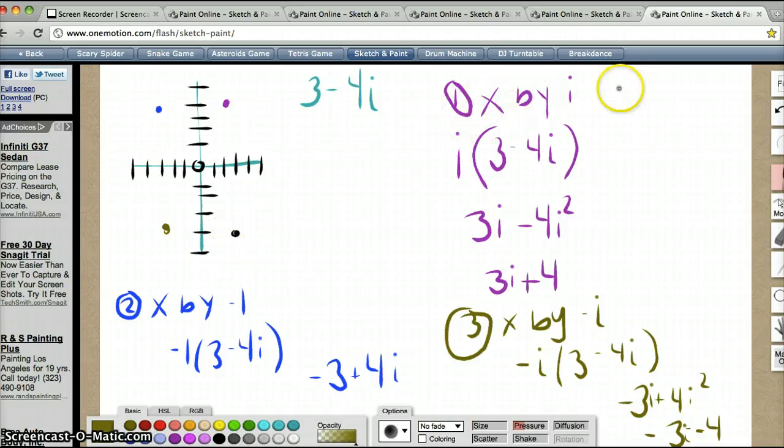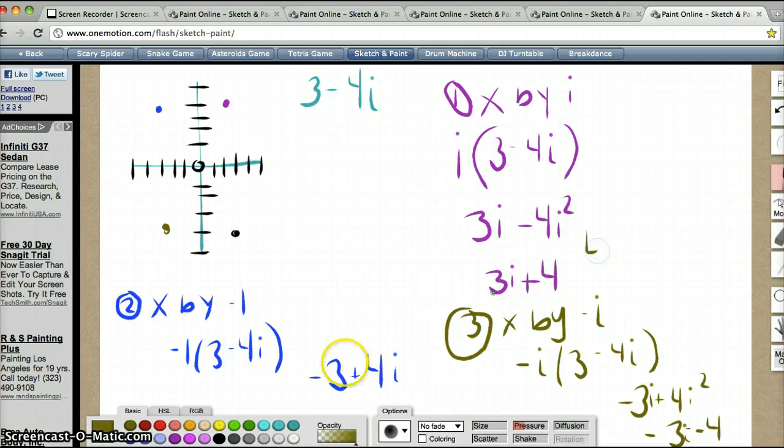Now what happens when we multiply by i? So let's see. i times 3 minus 4i gives us 3i minus 4i squared. i squared is a negative 1. Negative 4 times a negative 1 is a positive 4. So we've got 4 plus 3i.